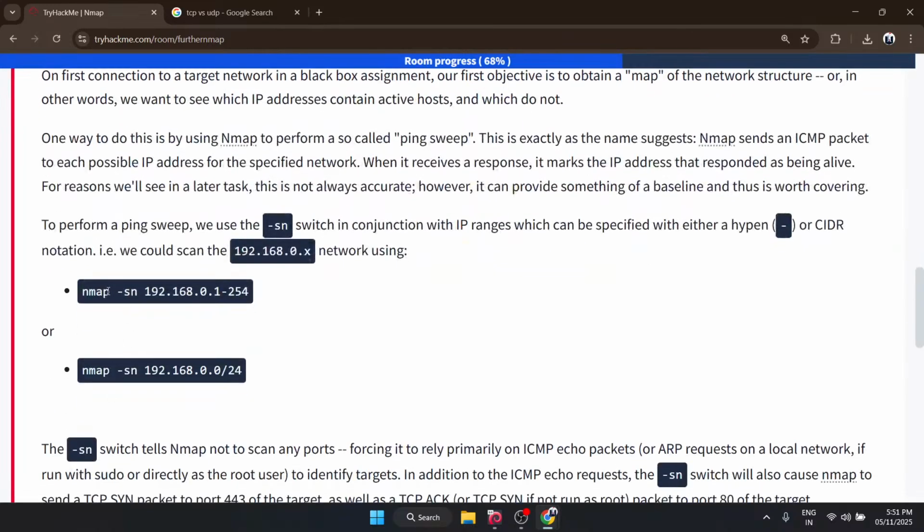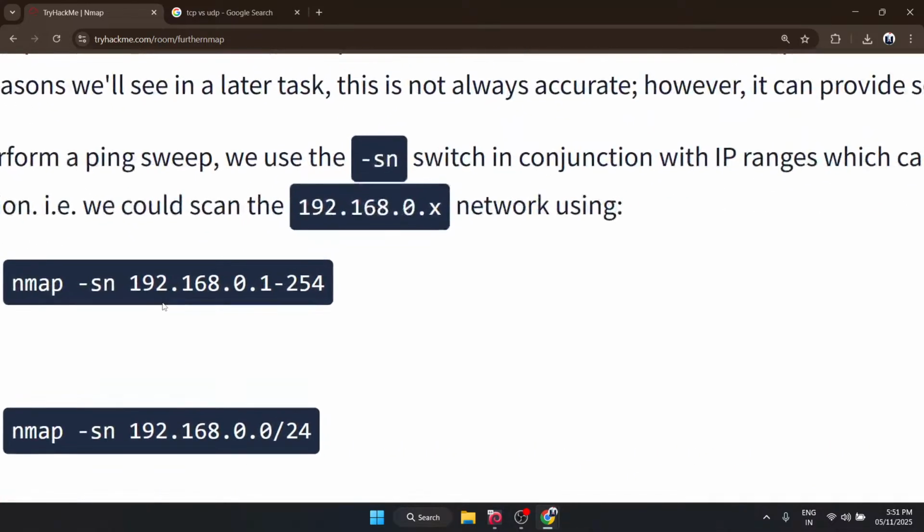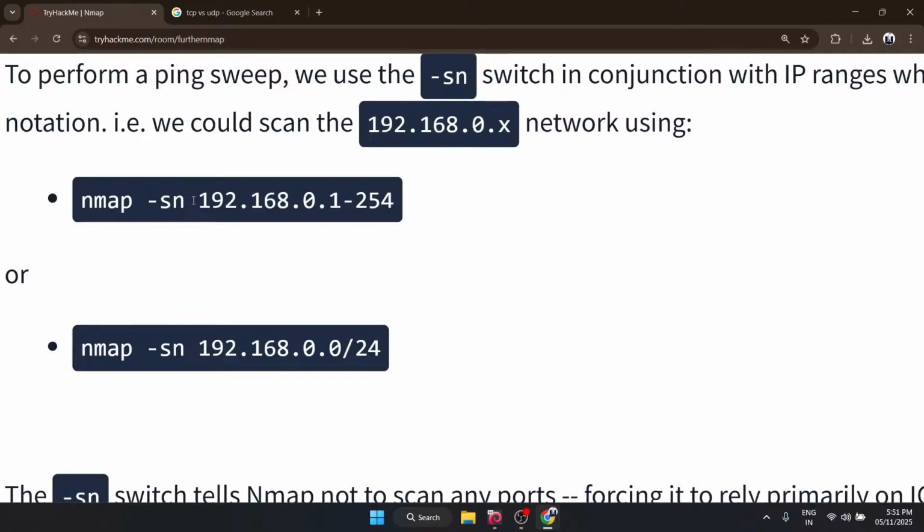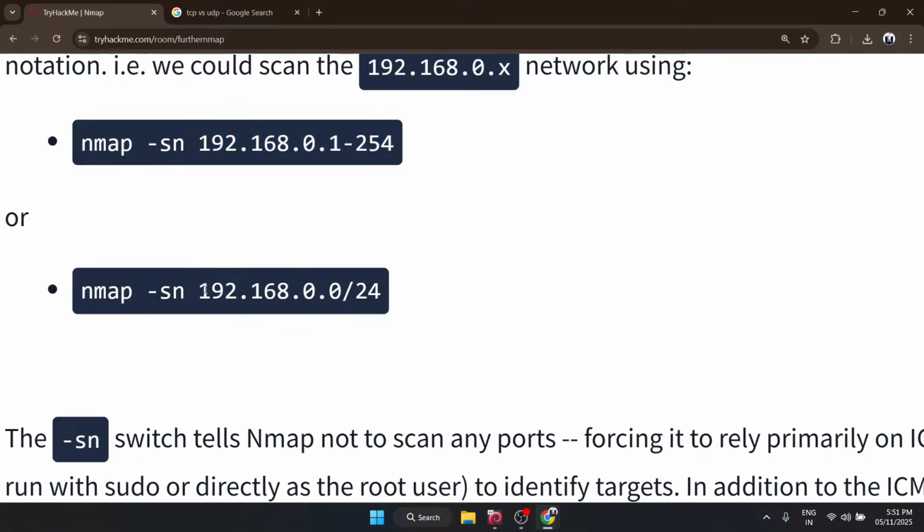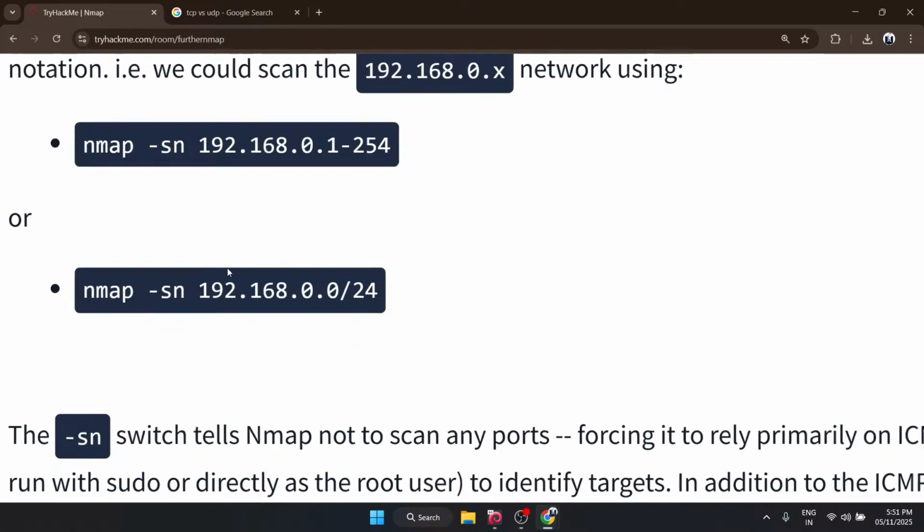Just like I did in yesterday's lecture, I scanned for a range. I can either scan using a range like 192.168.0.1-254, or I can simply give the CIDR mask like /24, /16 for class B IP addresses, and /8 for class A IP addresses.